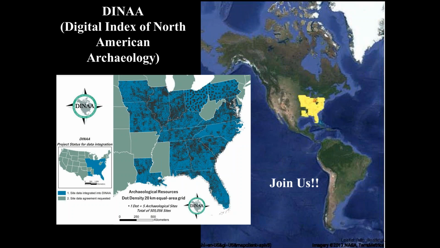Basically, what we take is what is in the state site file records that they provide to us, and typically that's a site number, and then there'll be time periods associated, perhaps diagnostic artifacts listed by type, perhaps a site type like the presence of mounds or shell debris, shellfish debris, things like that.